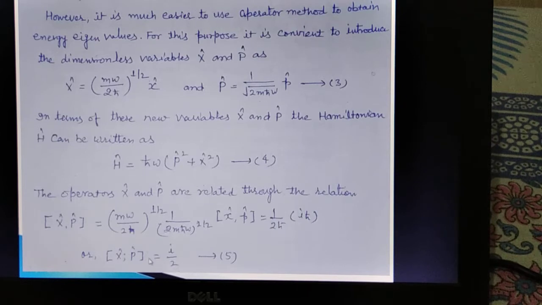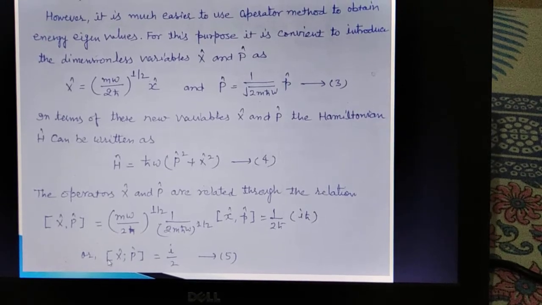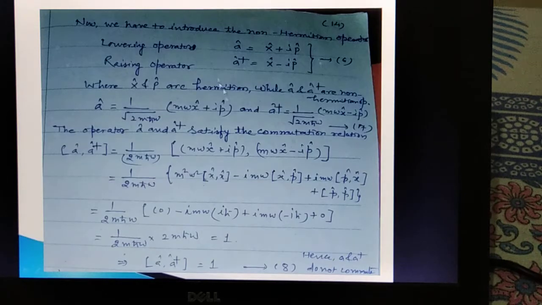It means this commutation relation shows that there are no simultaneous eigenvalues of X and P, and it is simply the small x and small p which are related by the commutation relation x comma p equal to i h cross.